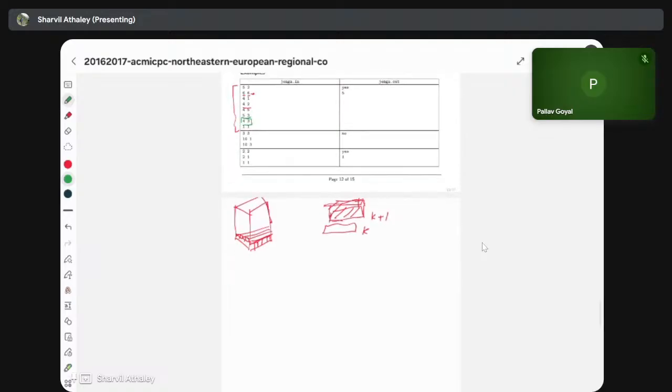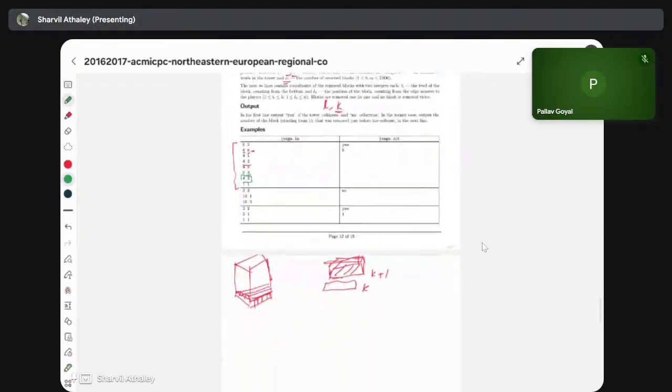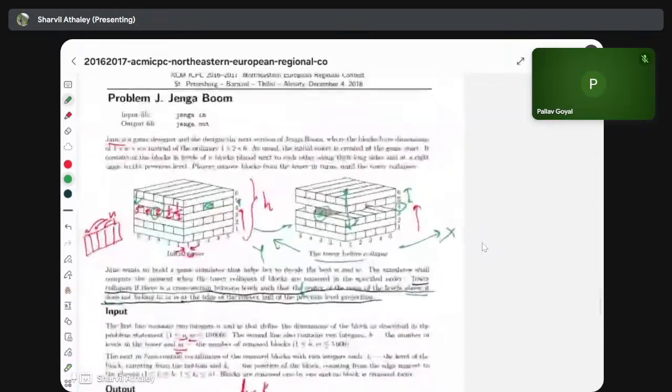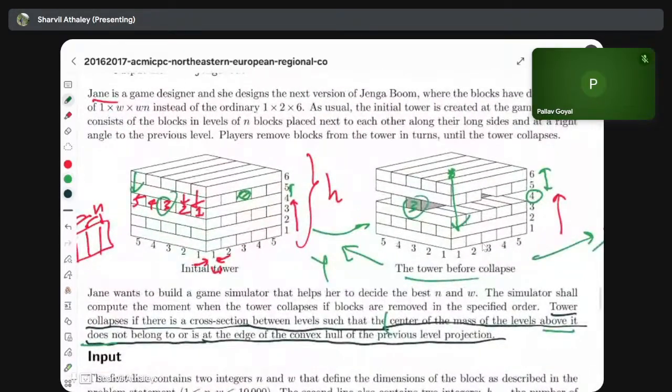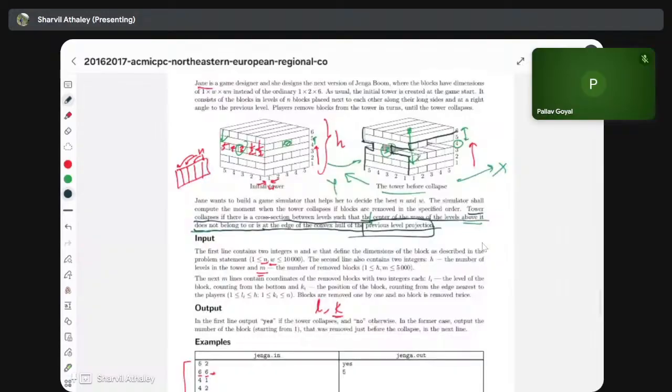Let's look at a particular level. In this example itself, the convex hull is something like this. It says the projection of the previous level. So this is the convex hull of this particular state. It's basically a projection of your current state.